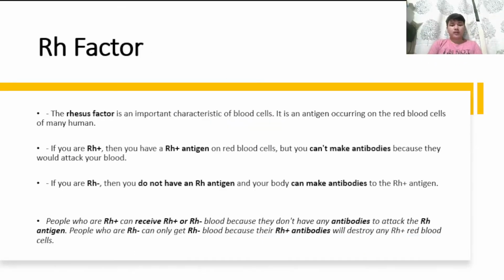Rh factor or rhesus factor is an important characteristic of blood cells. It is an antigen occurring on the blood cells of many humans. There are more than 40 different kinds of Rh antigen, but the most significant Rh is RhD.